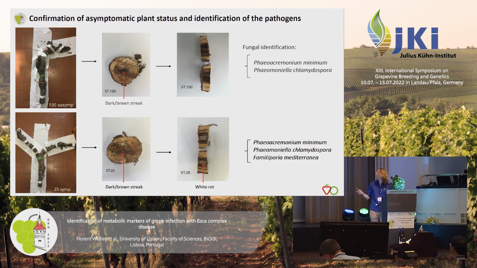You can see in the middle specific symptoms of the early disease with a black or dark brown streak. And on the symptomatic, you also see the white rot, which is a typical symptom of a late-stage disease when it turns to a much more serious stage.